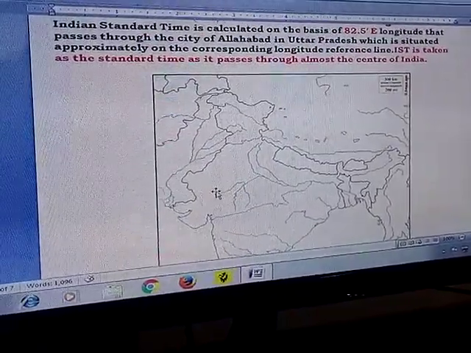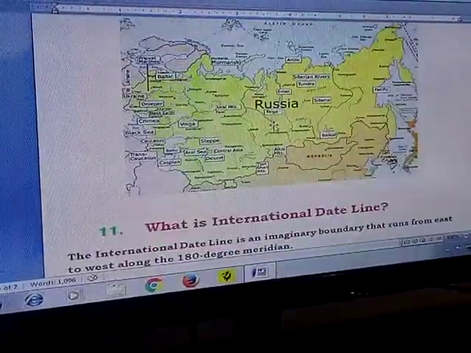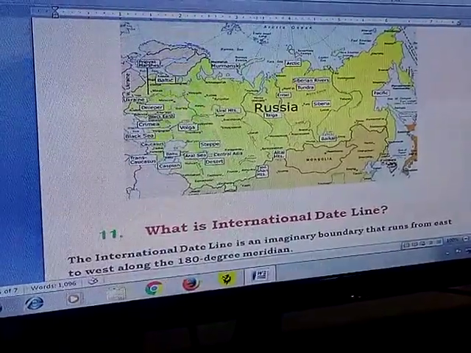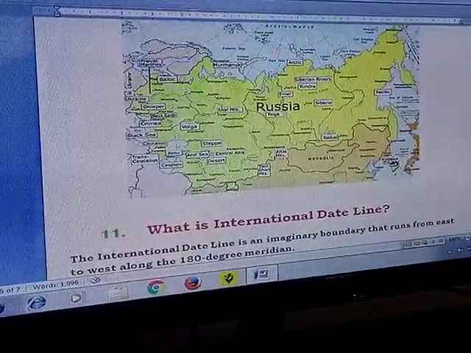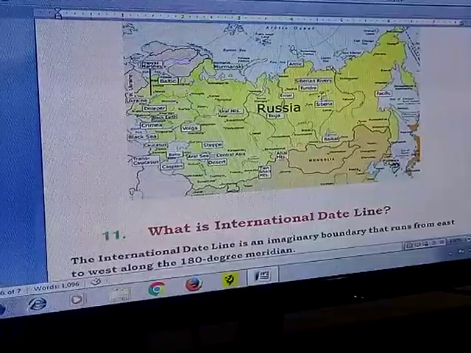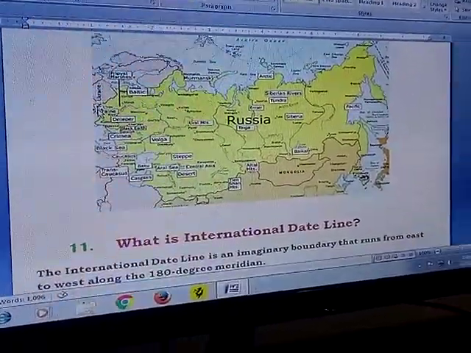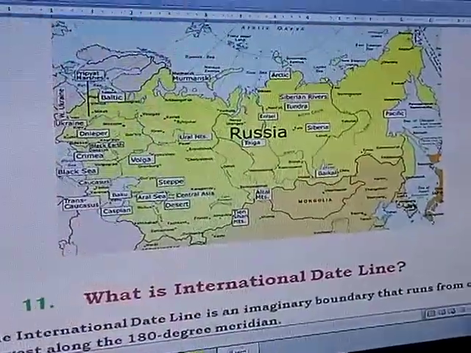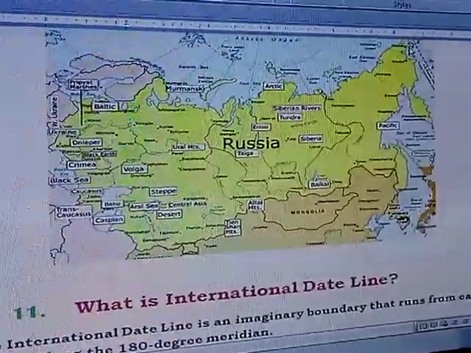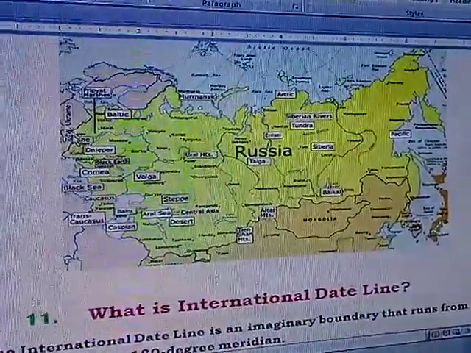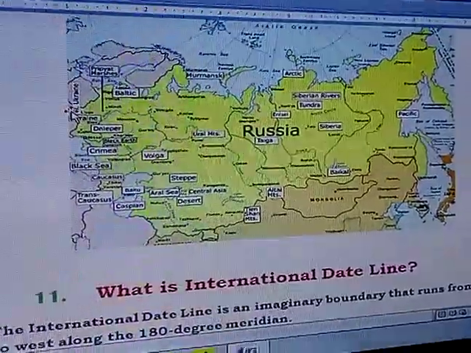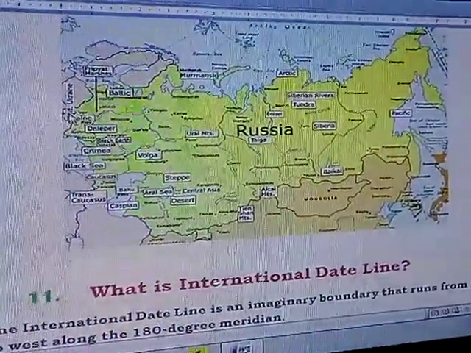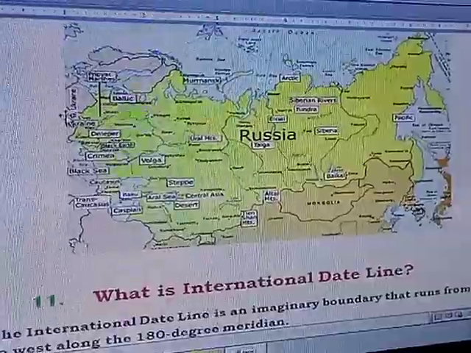Whereas if you take this map, Russia, and compare its easternmost part with the westernmost part, when it is 6 o'clock in the evening and somebody is taking an evening coffee, in the westernmost part somebody is getting up at 6 o'clock in the morning and going for jogging.